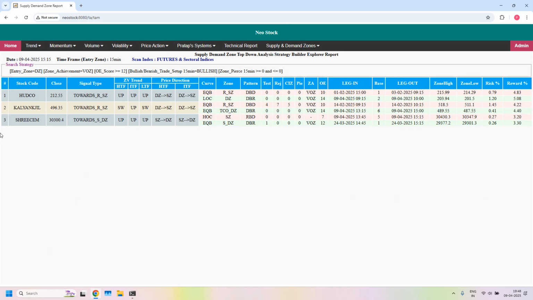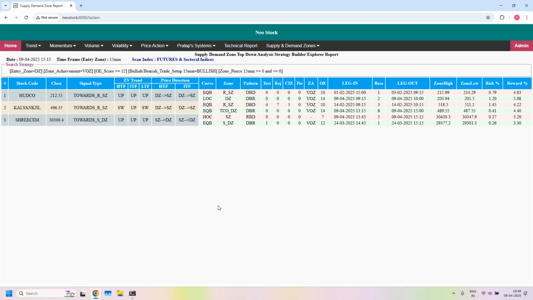So these 3 stocks are currently supporting bullish trade setup for daily income trade, and entry time frame zones are 15 minute demand zones.